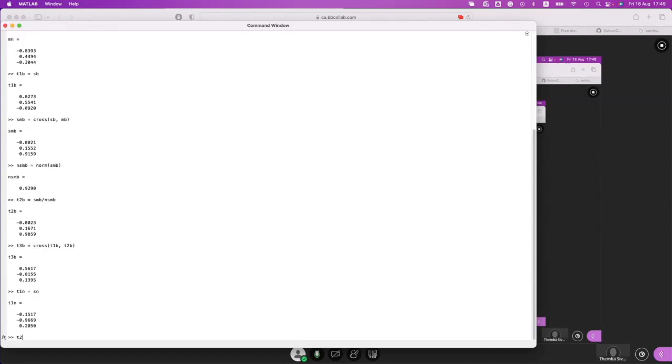And then your T2n, before we compute that, let's do our cross. Let's call it Smn, which is equal to the cross of your Sn and your Mn. All right, that will be your cross. Then you want to normalize it.